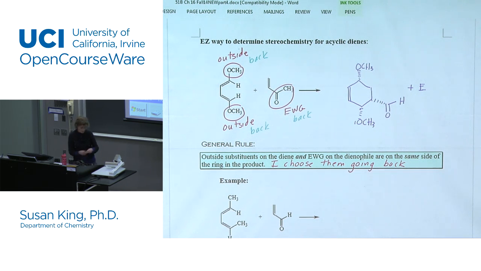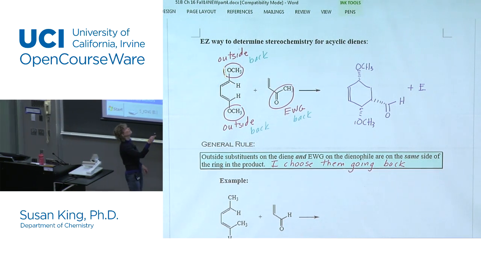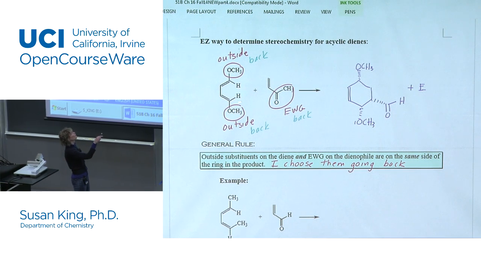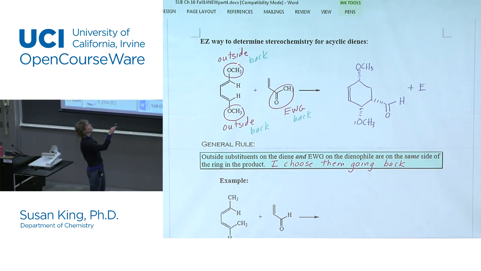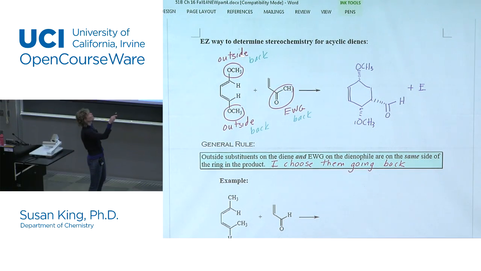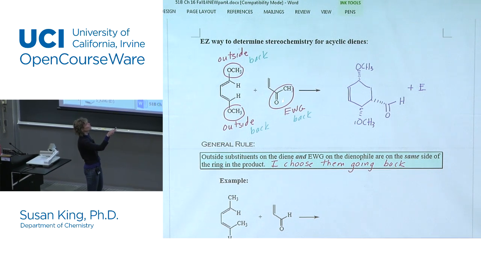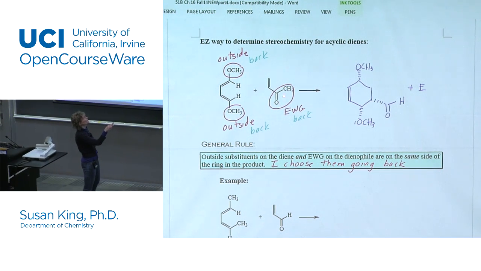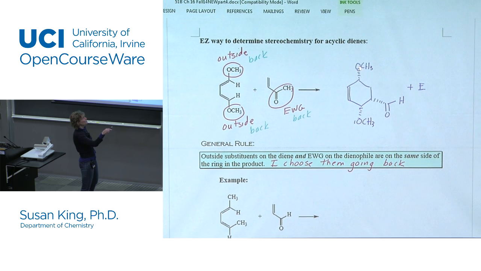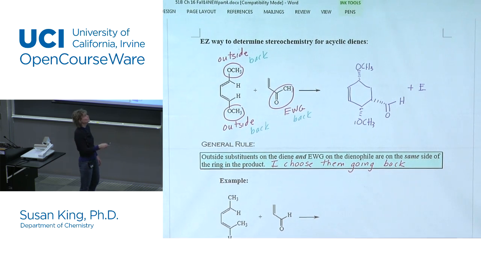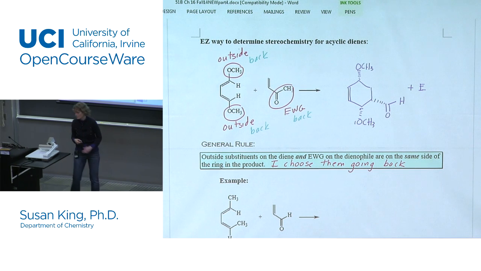Outside substituents right here. That's outside, the two hydrogens are on the inside. So outside substituents and the electron withdrawing group on the dienophile are all on the same side. So you could have them all dashed like I have here, or you could have them all wedged. Both of those will give you the correct answer.